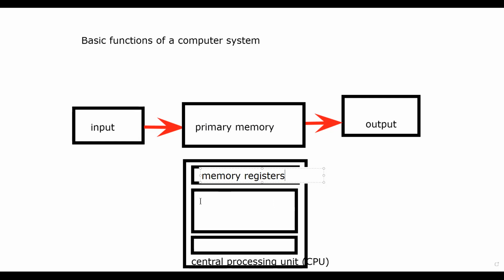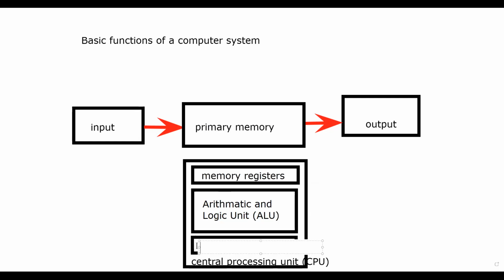Then we have the arithmetic and logic unit, we call it ALU. Whenever you want to perform calculation or comparison, it should come here. And finally, we have the control unit, that you have to control this. We have the control unit like this.